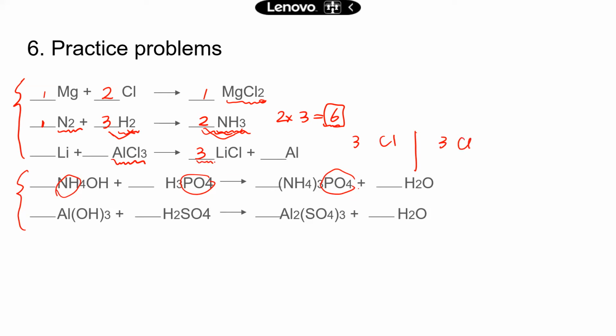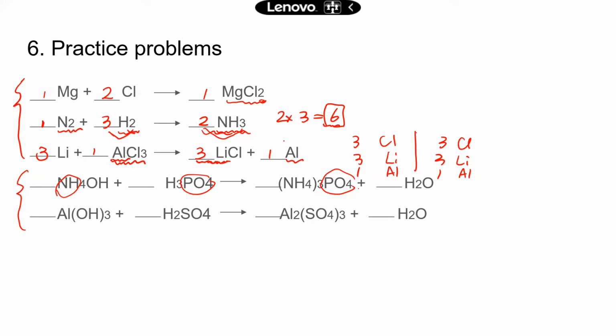And now you need 3 lithium on the reactant side, right? So we'll give it a coefficient of 3. So now lithium is balanced. How about aluminum? This is 1, this is 1, so it's balanced, right? We don't need to do anything extra. There you go. So let's give it a coefficient of 1.